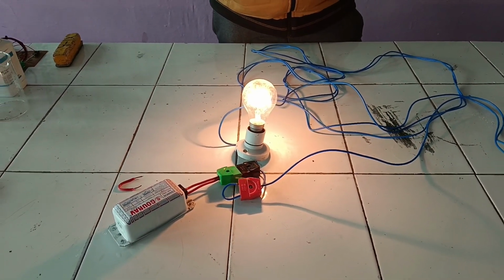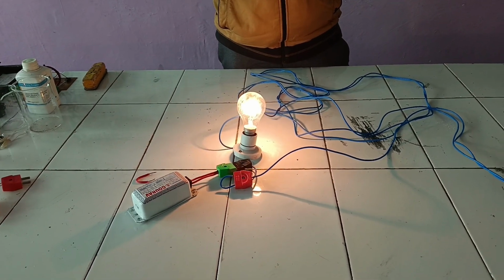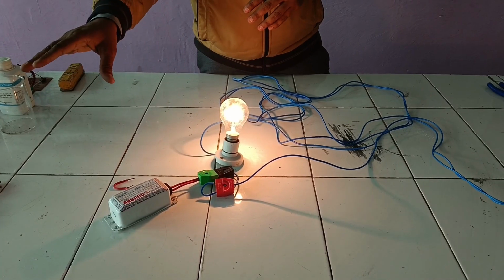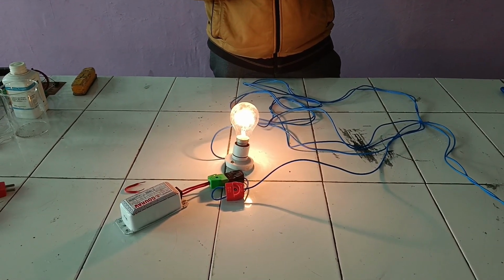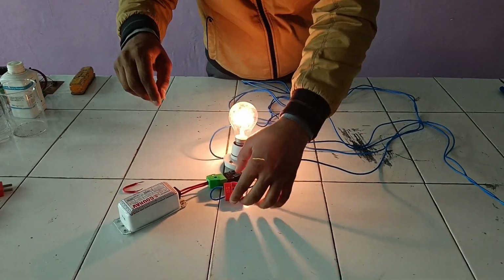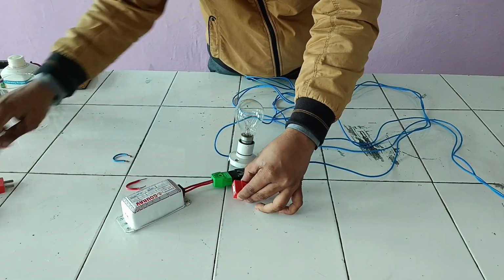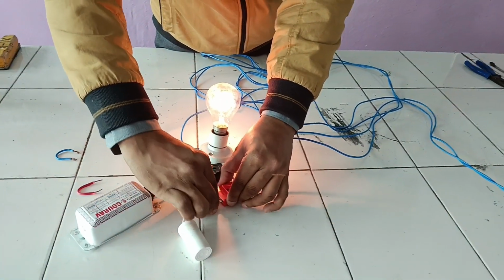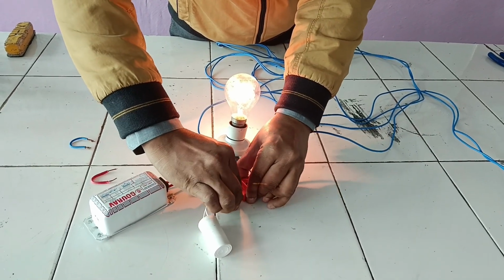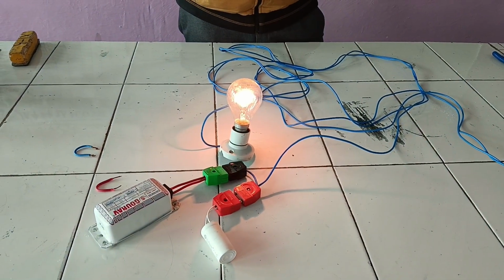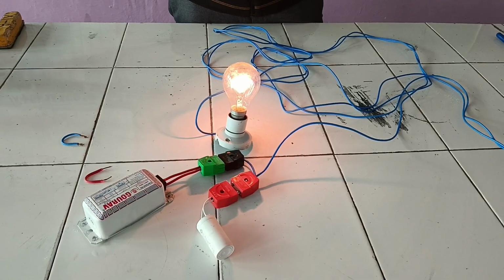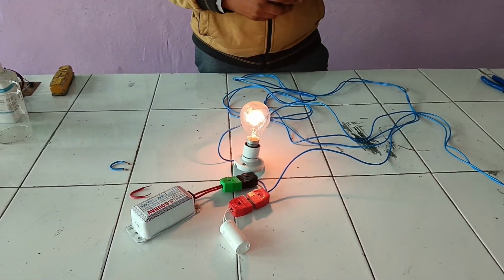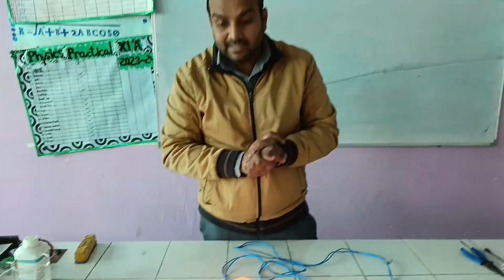The brightness is still less, but it is more than when the capacitor was introduced. Now what will happen if I introduce both of them in the circuit? See, the brightness is still less. What does it mean? That these two electrical components are providing resistance in the circuit.